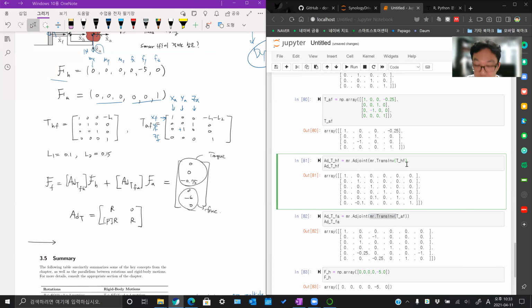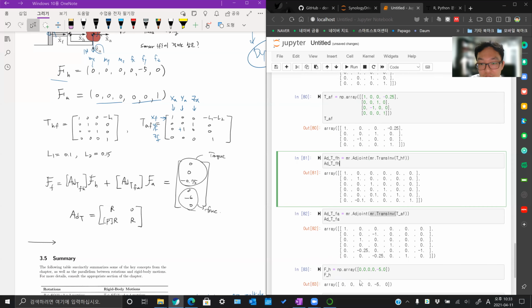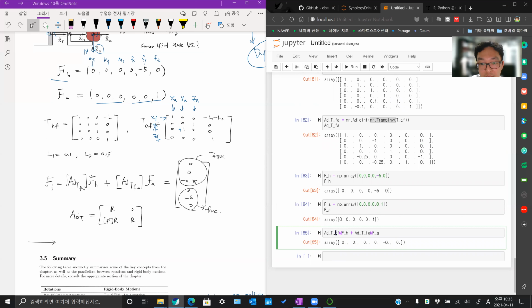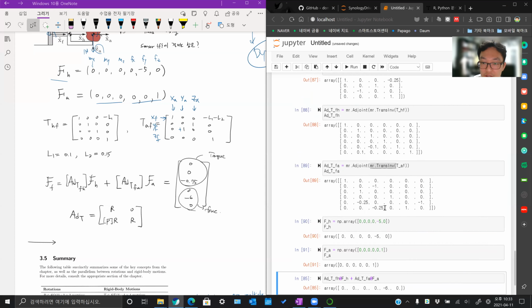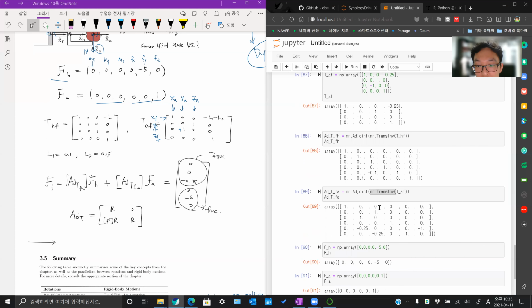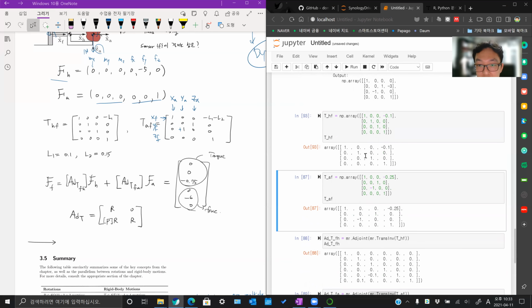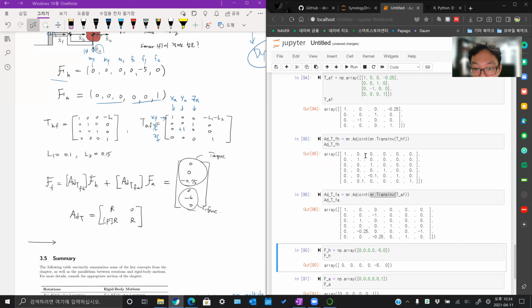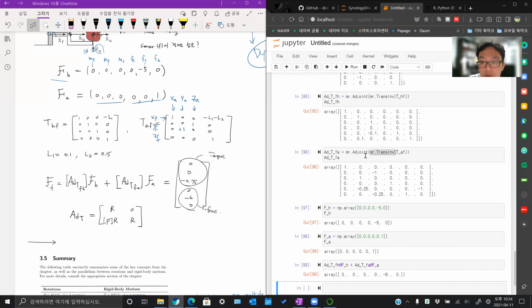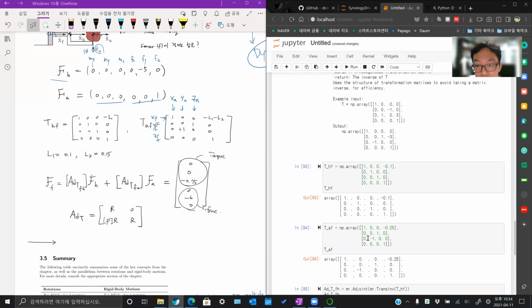In here we should also use the inverse value. Let's try again. What is wrong? HF, FH. Okay. How about this one?